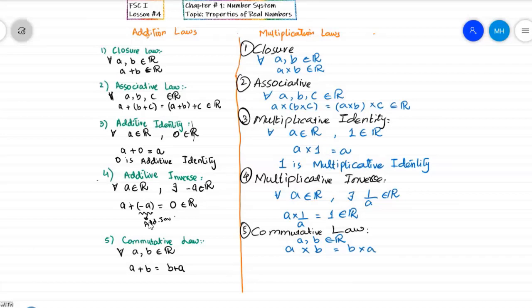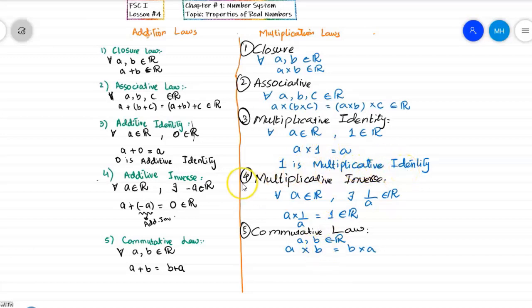Again, similar to this, we have the associative property and the multiplicative identity instead of the additive identity. And similarly, in the multiplicative identity, we have a rule that whenever we apply the operation of multiplication, it gives you no change. Whatever the number here is, you can say that this one is the identity.